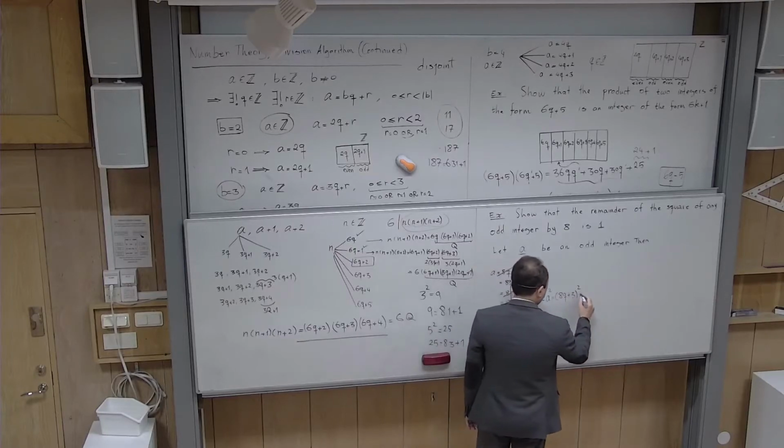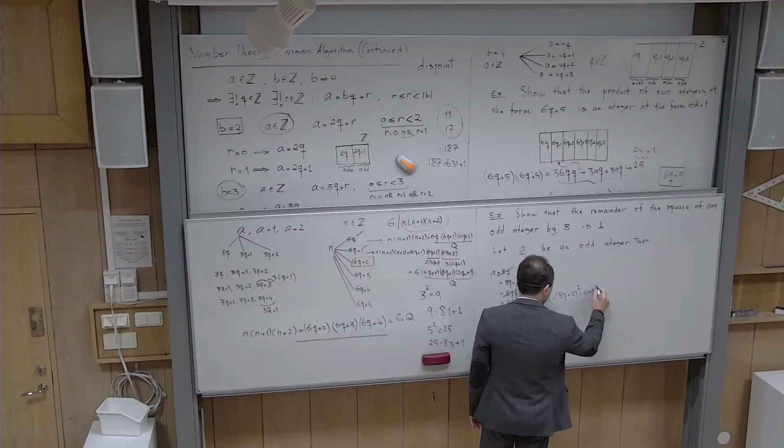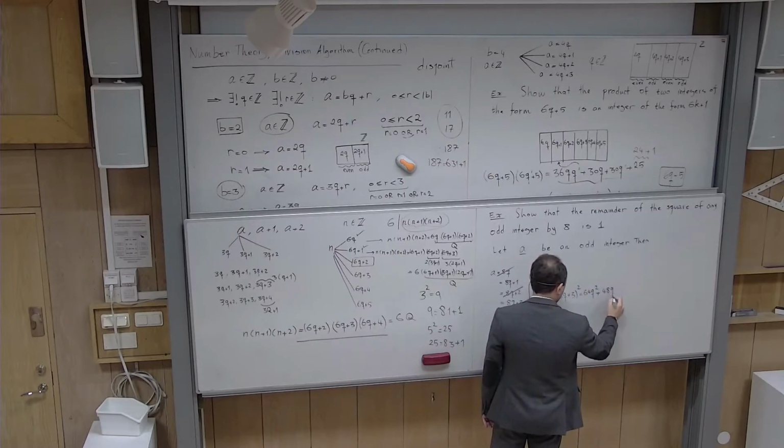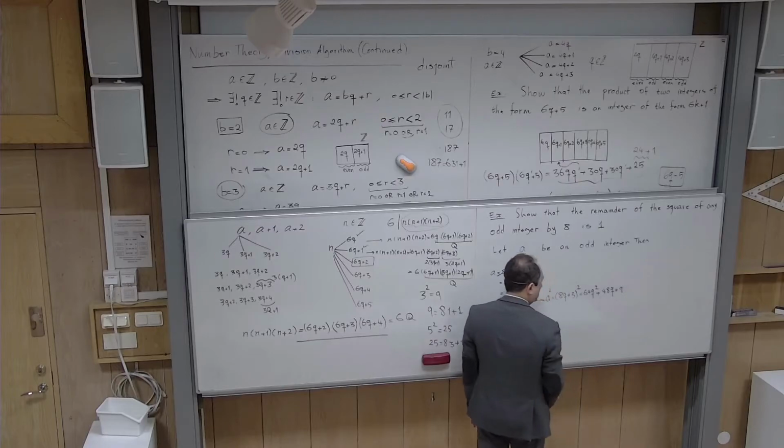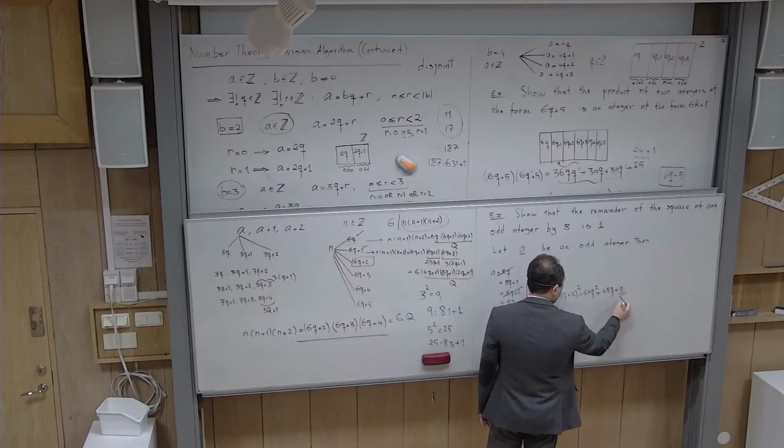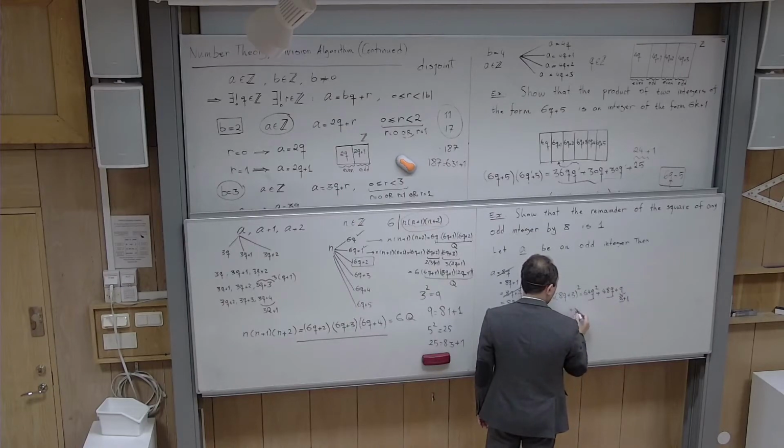Then this becomes 64q squared, 2 times the first times the second one, so it is 48q, and then finally 9. But look, instead of 9, I can write 8 plus 1, and between this one and that one and that one, I can factor an 8 out. Okay, what is left in the pair of brackets? Let me call it t, and then I have 1 at the end.